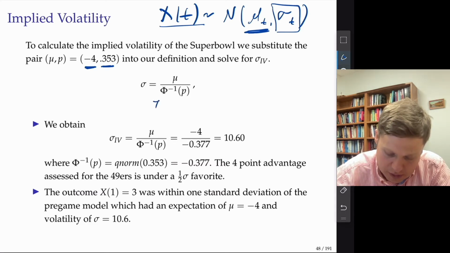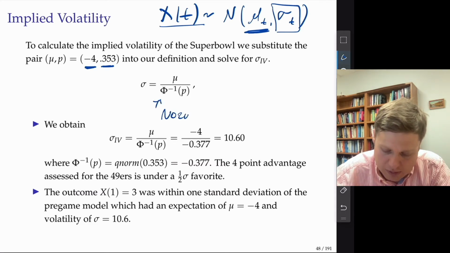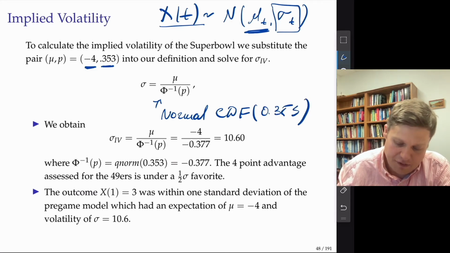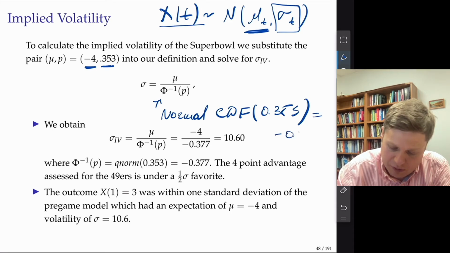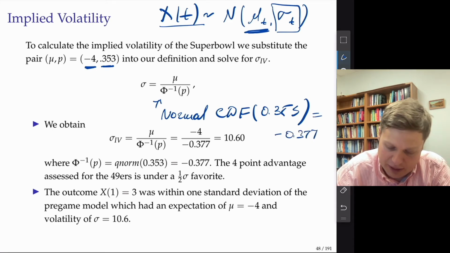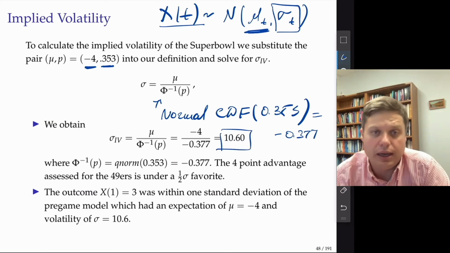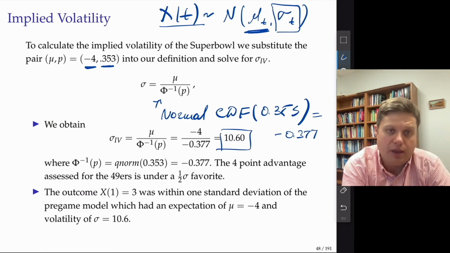This is the normal CDF, evaluated at this value 3.53. And if you calculate this one, this is actually negative 0.377. If you plug in everything together, you get this 10.6 value.